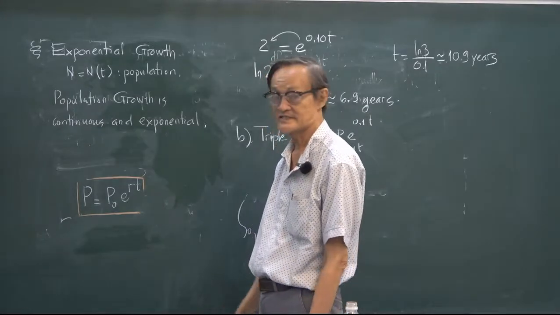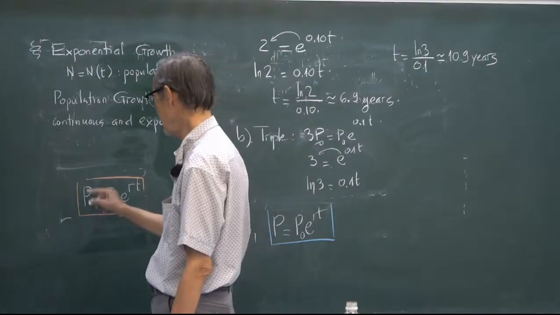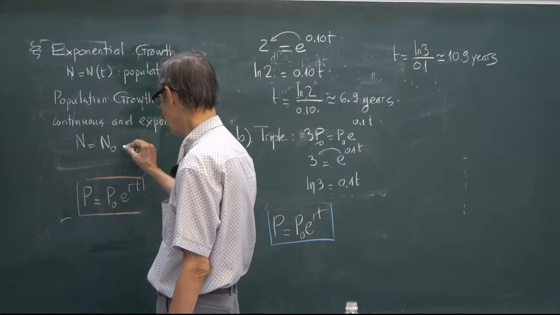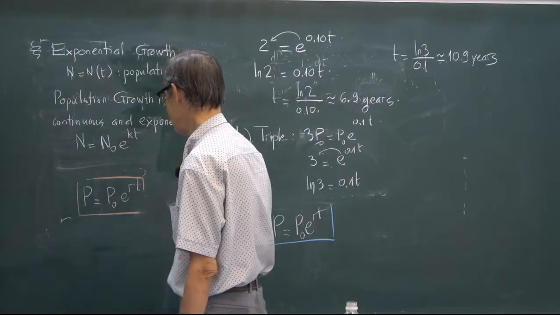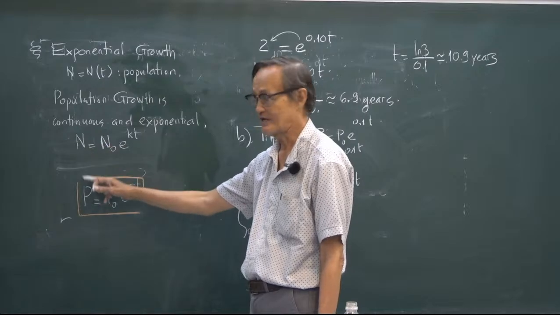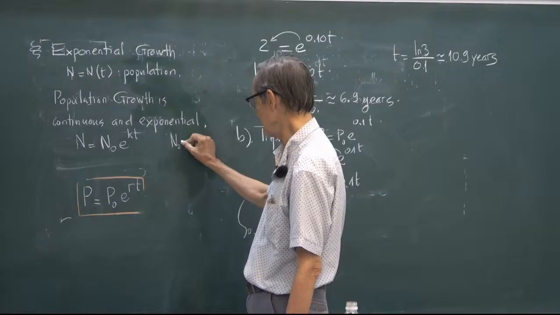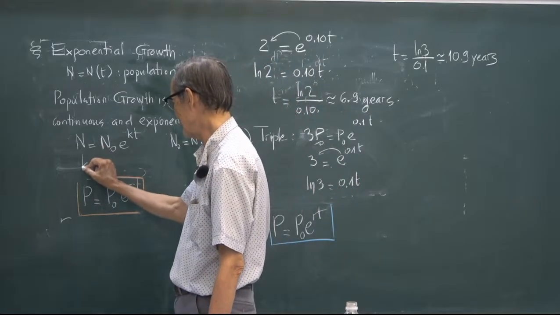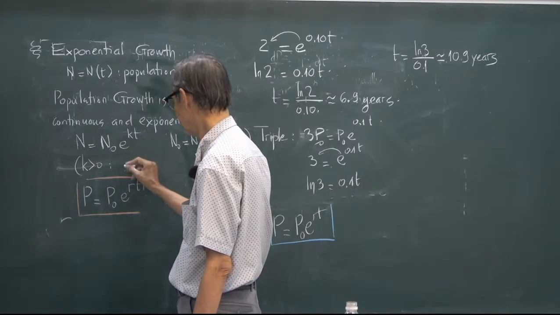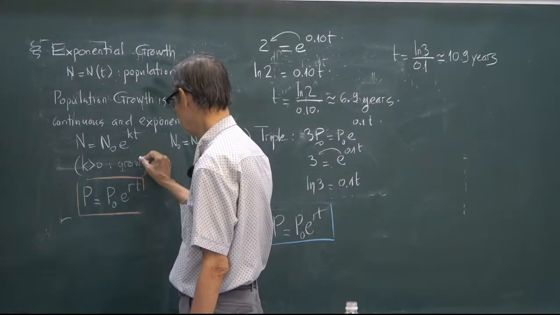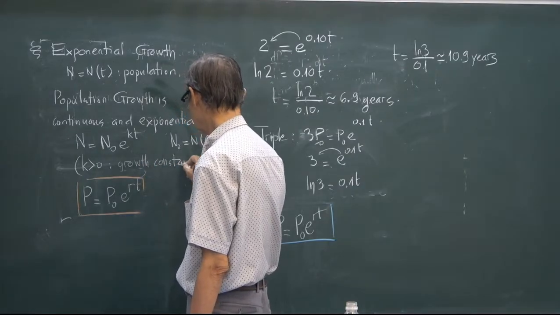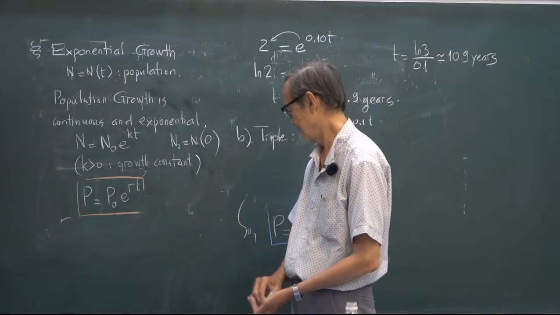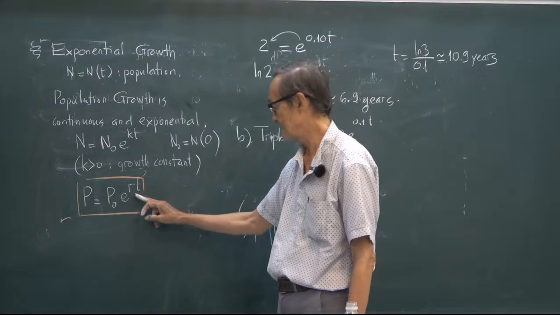So we have the same formula: N equals N0 e power kt, where N0 is N at t equals 0, and k is the positive growth constant, instead of the annual growth rate for continuously compounded.